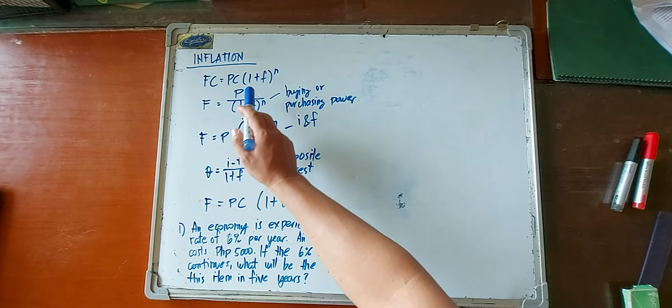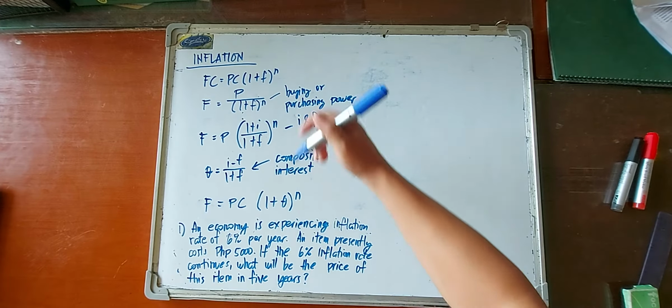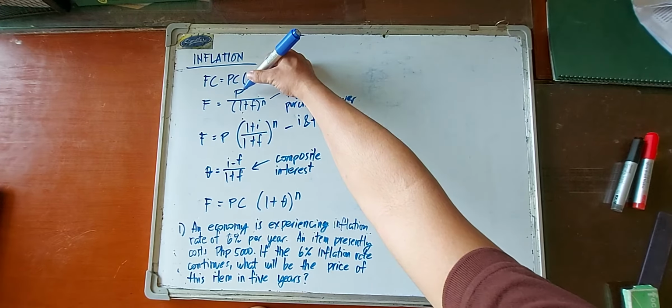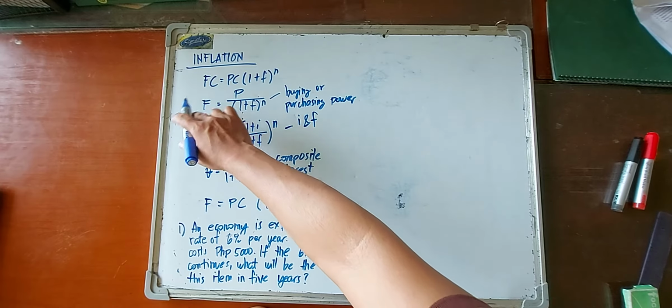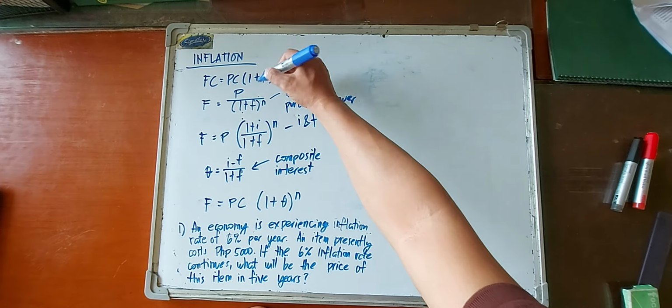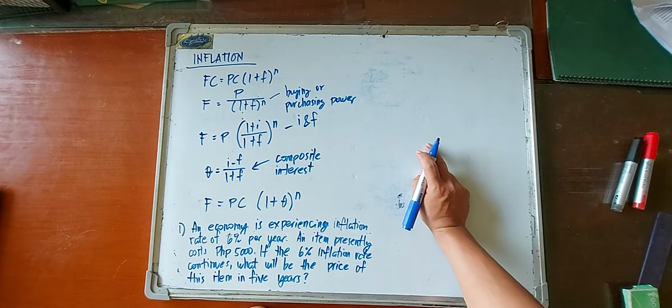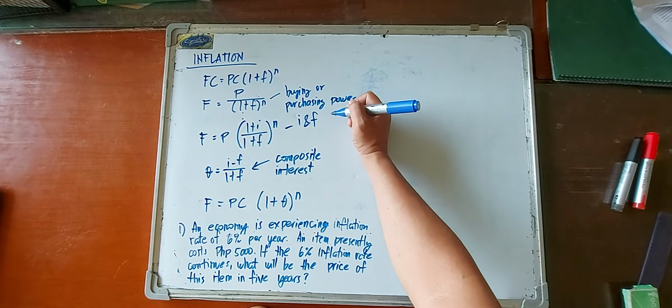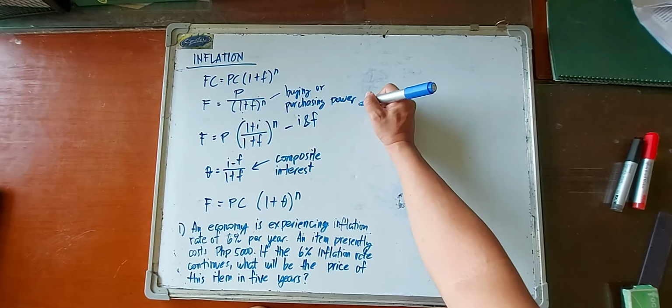So ito yung halimbawa, ito yung ating present amount of money. So we are computing for the future value of our money. Ito yung present, and it should be the effect of the inflation rate, no? So that this would define the buying or purchasing power of our money.